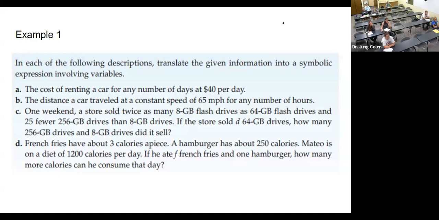For 1 hour, we can go 65 miles. After 2 hours, we can go double of that, times 2. After 3 hours, times 3. So the distance should be 65 times how many hours.